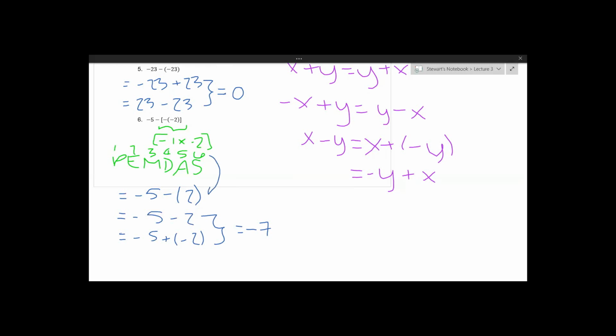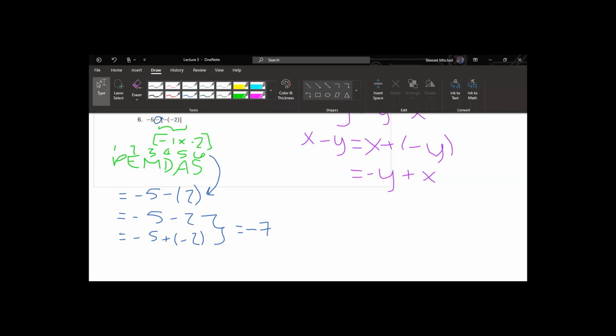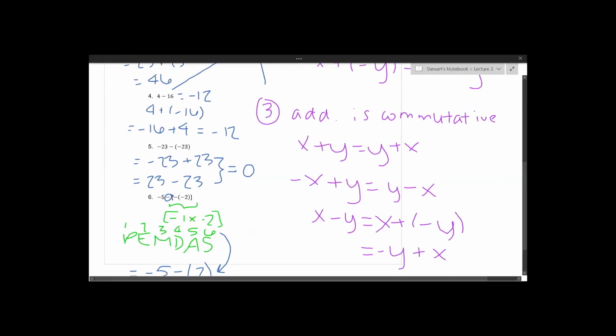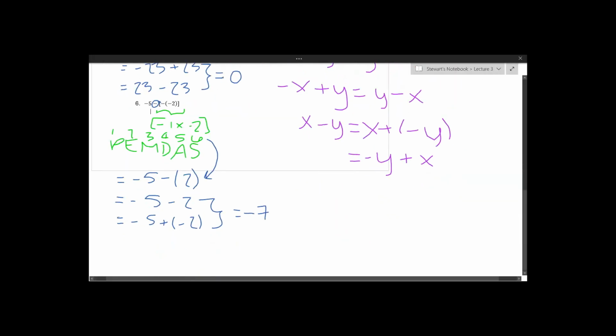Simplify it as much as possible first, and then worry about the operation that is initially in the middle of both numbers, which was still a minus sign. Either way you want to think about it, you'll get to -7. But you want to simplify it down as much as possible first to avoid confusion.